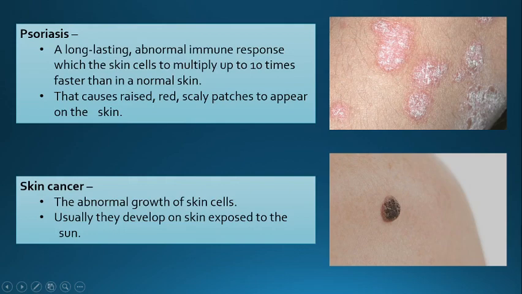When a patient has psoriasis, their skin cells multiply up to 10 times faster than normal skin cells, so these skin cells collect on one another like scales.